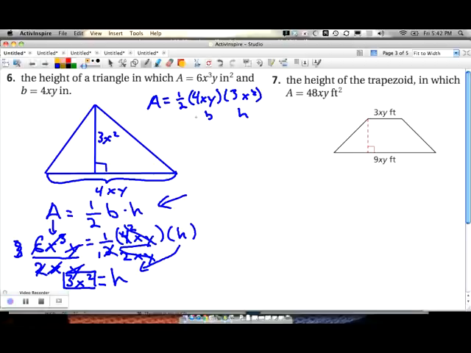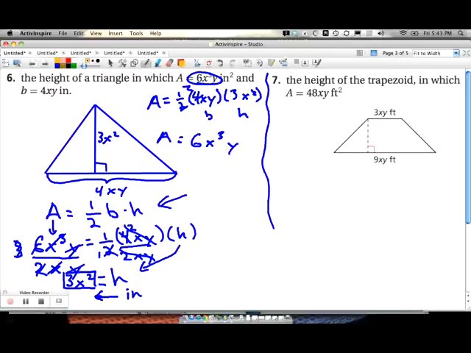So I take half of 4, that's 2. 2 times 3 is 6. X times x squared is x cubed, and the y times 1 is just 1. Hey, that's my area. So I'm good. Now the only thing that I didn't really write in here, but still just as important, is that this is inches. 3x squared inches.